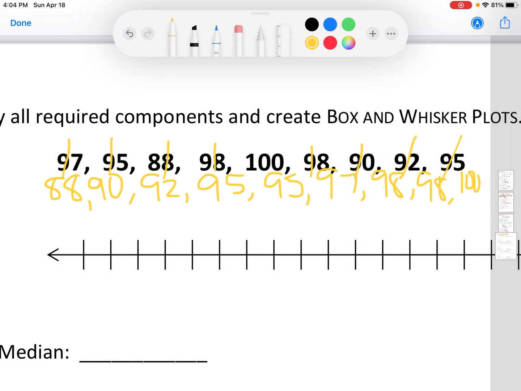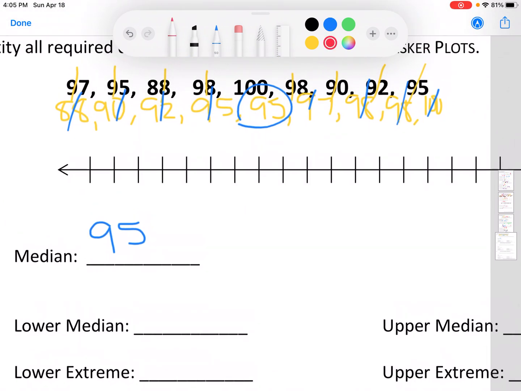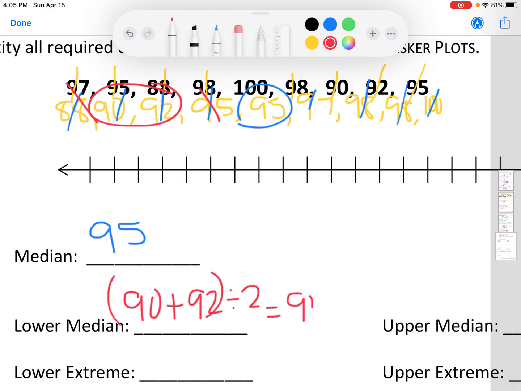All right, so now I have to find the median. 95. Then I have to find the lower median, or the first quartile. Two numbers in the middle, I have to add them together and divide by 2. So I get 91.